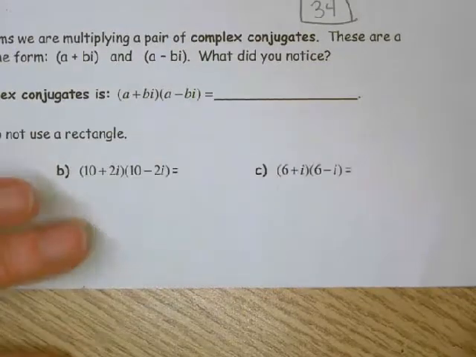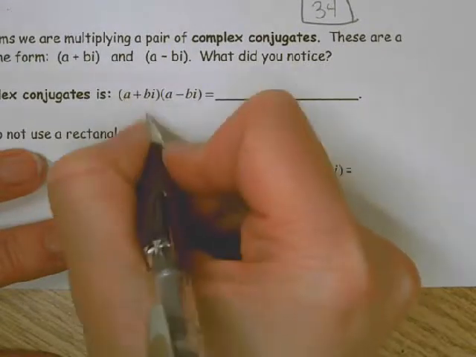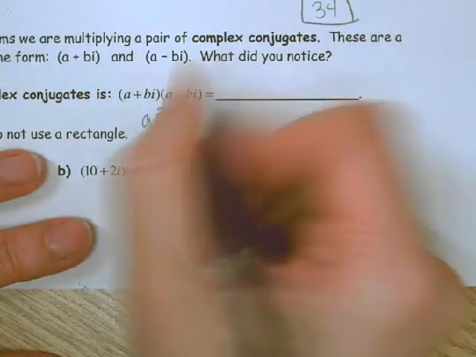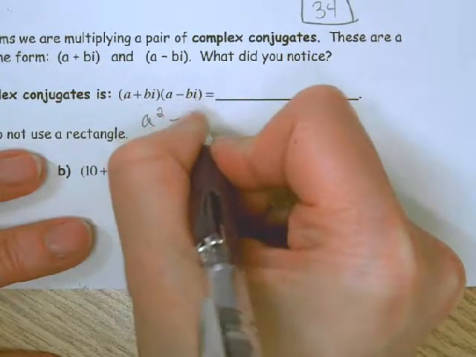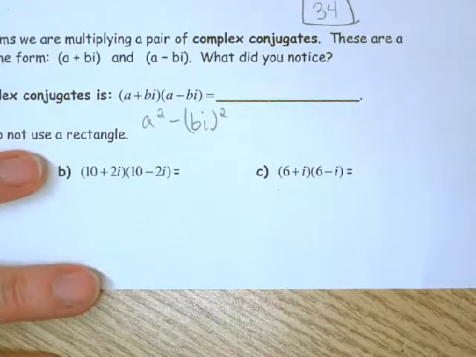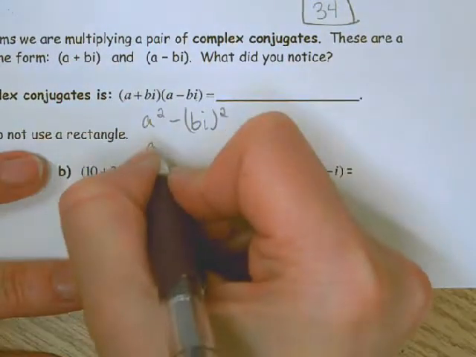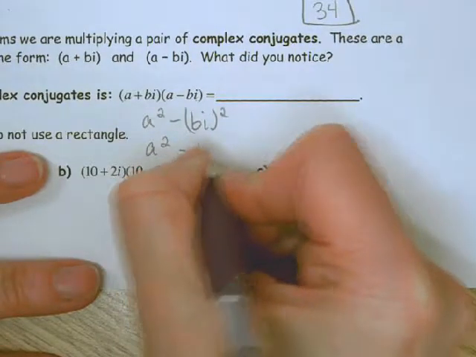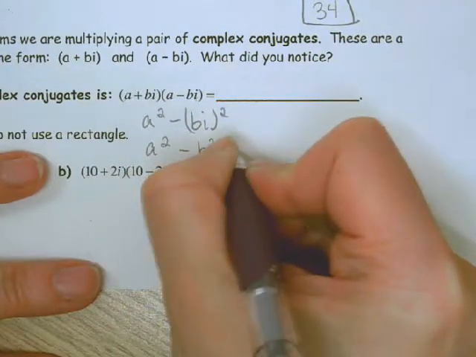So what I have is a times a, so a squared, and then bi times bi, so minus b squared i squared.